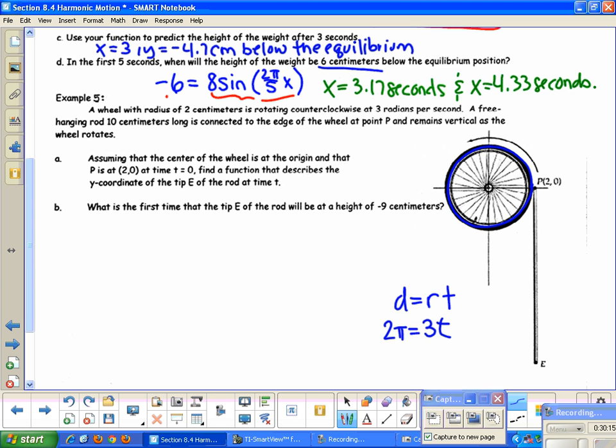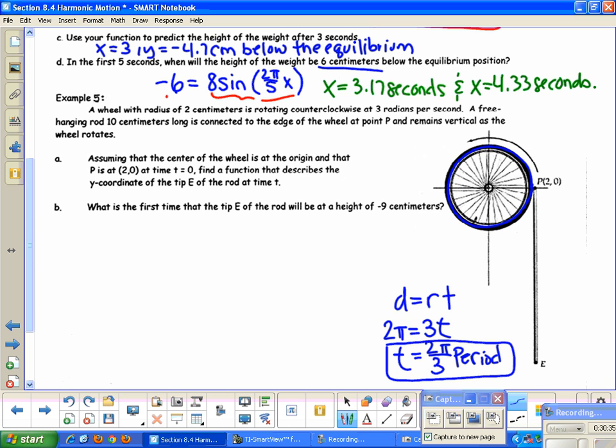So we're just solving this equation to figure out what the time is that it takes to complete one cycle around my circle. So t would be equal to 2 pi over 3, and this is the period of the function.